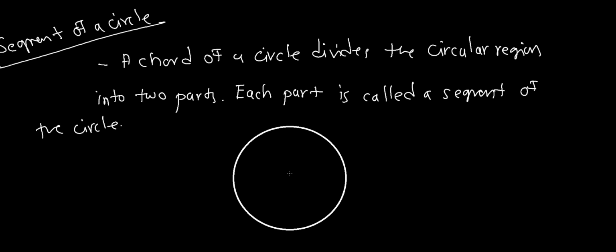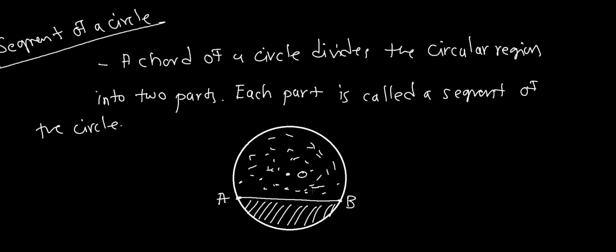So this is a circle with center O, and a chord means it is a line segment with fixed endpoints. So let's see, a chord AB divides the circular region into two parts. This is one part, this is another part.